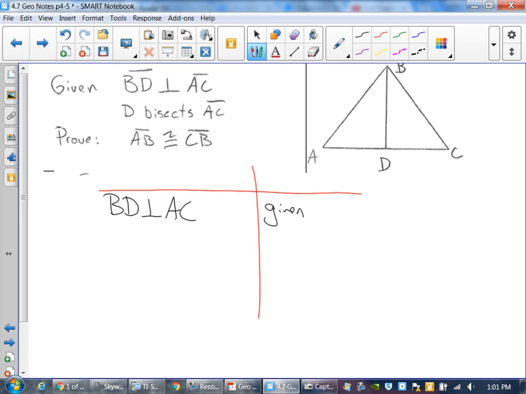I know that I have perpendicular, so I go ahead and mark up my diagram where the right angles are being formed. Right there. Which means now I'm going to say that those right angles are created. That's what it tells me to do on my sheet.